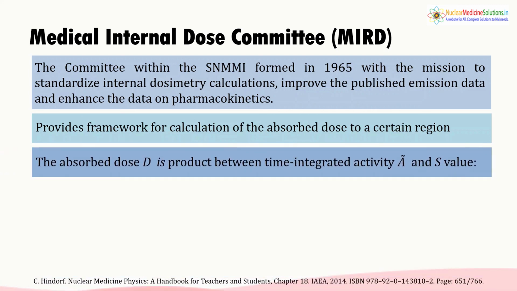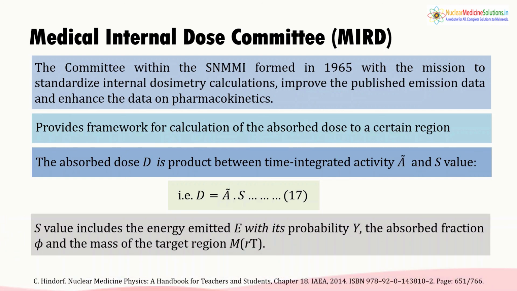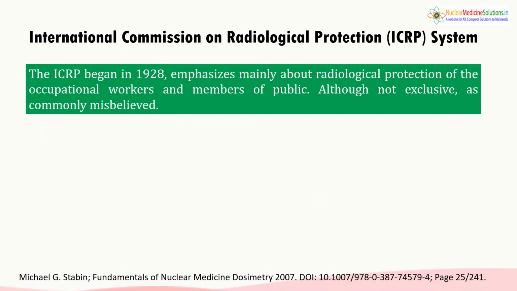The absorbed dose D is the product of time integrated activity and the S value, and therefore D is equal to A tilde times S. This S value includes the energy emitted E with probability Y, the absorbed fraction phi, and the mass of the target region M. ICRP, the International Commission on Radiological Protection, began in 1928 and emphasizes mainly radiation protection of occupational workers and members of the public, although this is not exclusive, as is commonly misbelieved; they have published a number of publications on patients also.